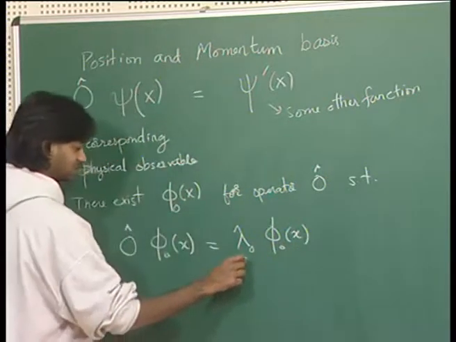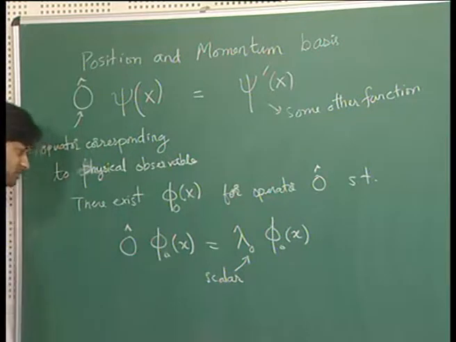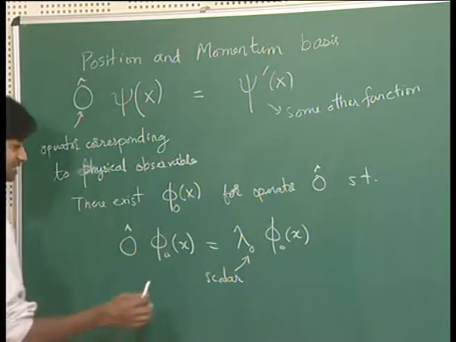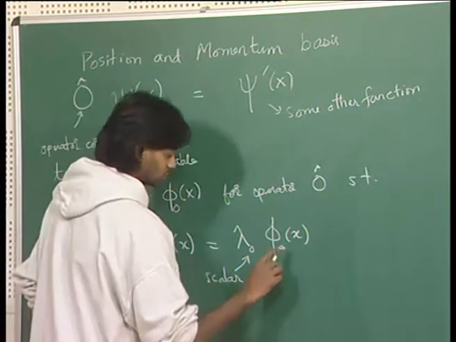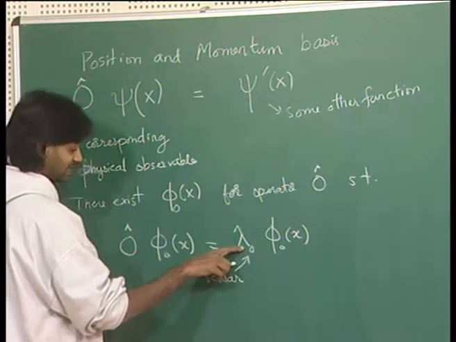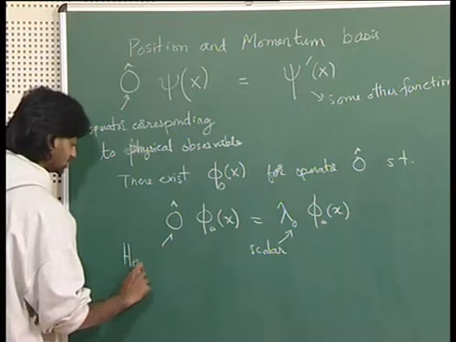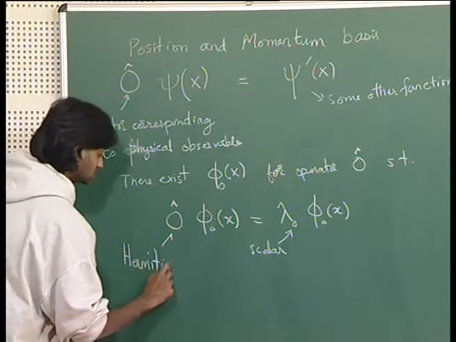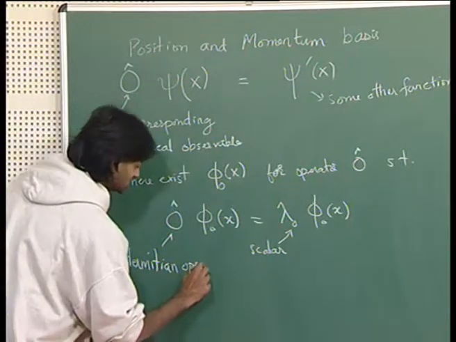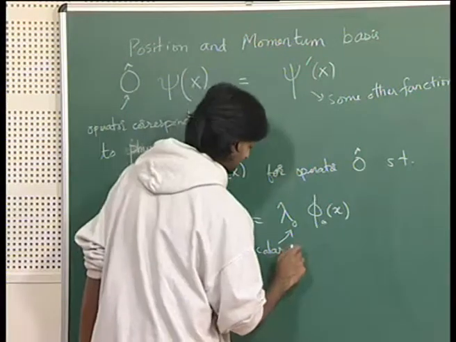Now, lambda O is a scalar, and it is a real number. So, if this corresponds to a physical observable, this is a real number, and this operator is what is called Hermitian. So, this is a Hermitian operator. This is a scalar or a real number.